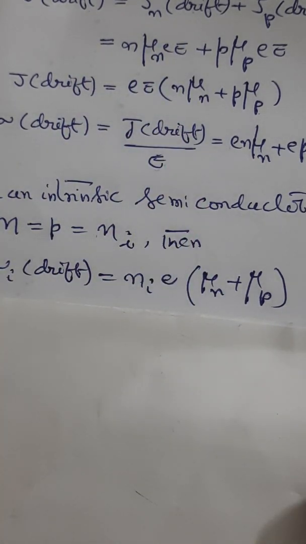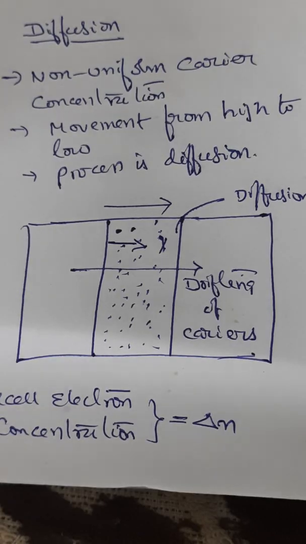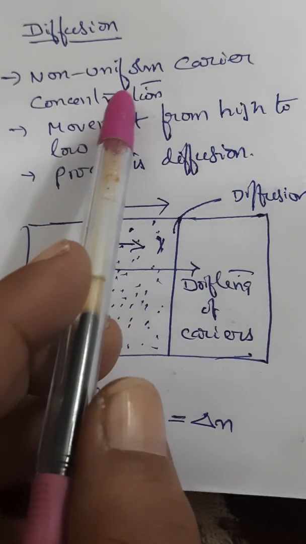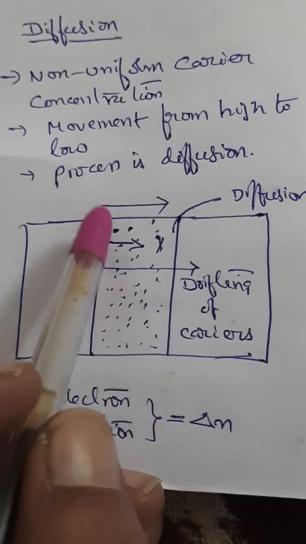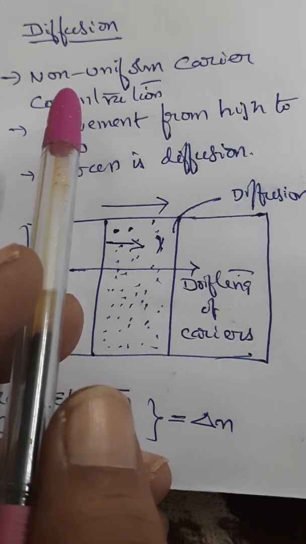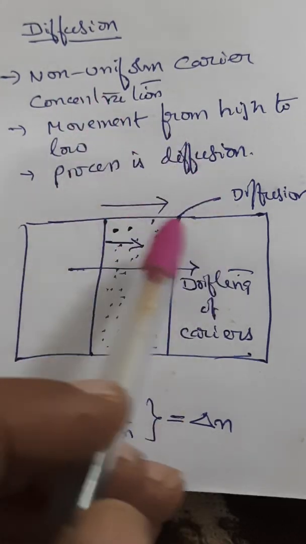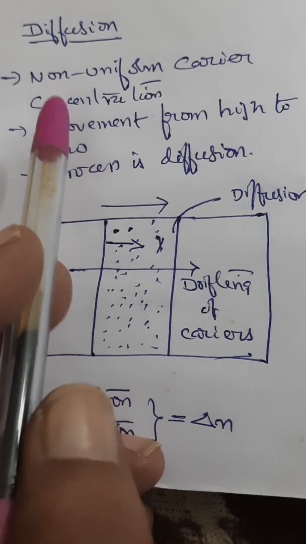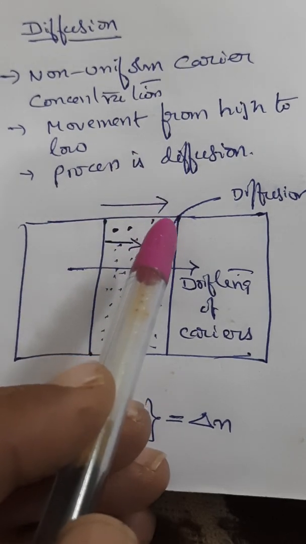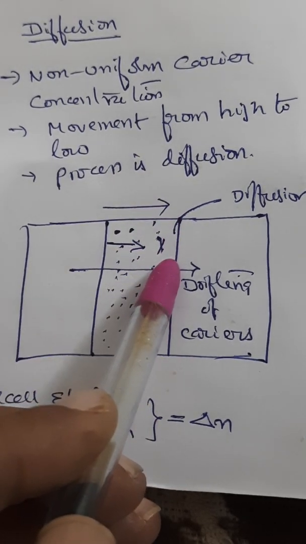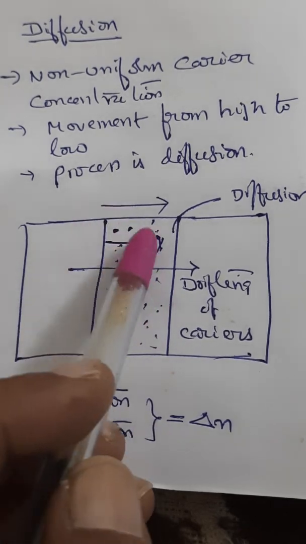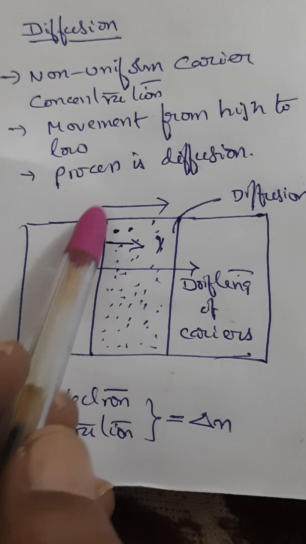Similarly, we shall see about diffusion current. Now, if you look at diffusion current, there is non-uniform carrier concentration in a semiconductor. Number of holes need not be matching number of electrons. There is a diffusion that is taking place, so the rate of diffusion we have to find out.